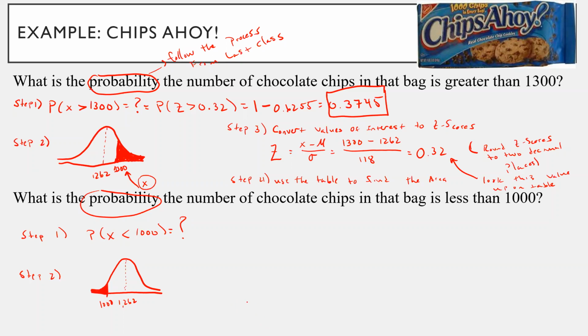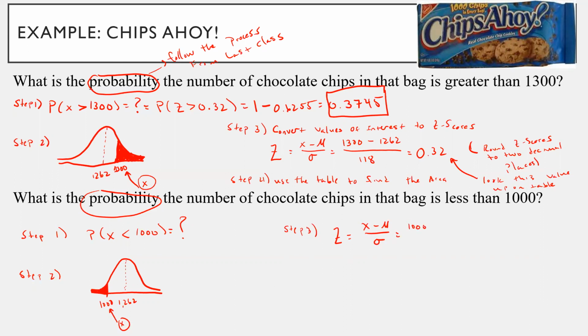Okay. What do you do next? What do you guys think? Convert. Yep, you convert to z-scores. So your z-score formula is equal to x minus the mean divided by the standard deviation. This is my x value of interest here.